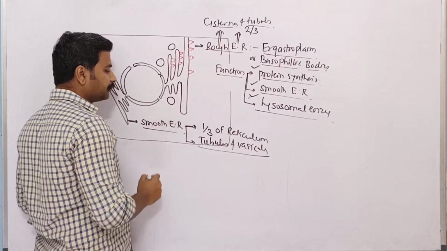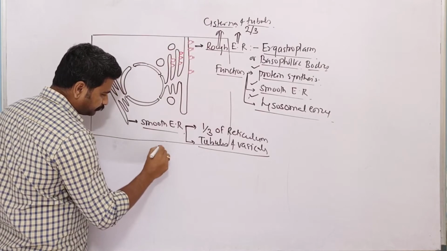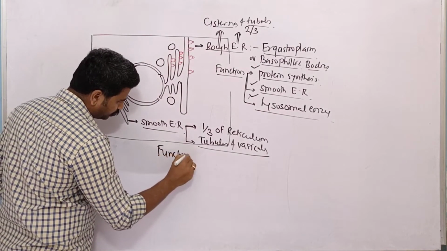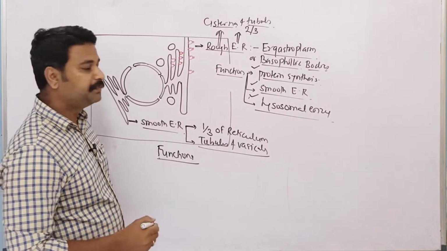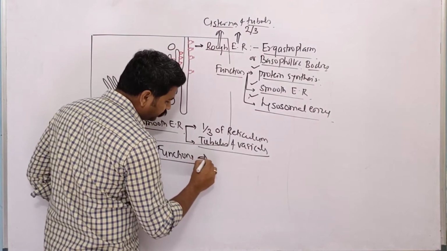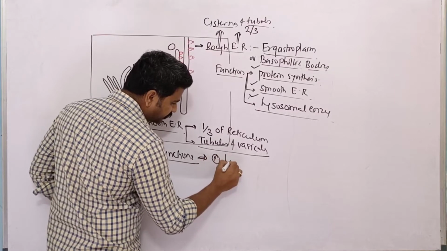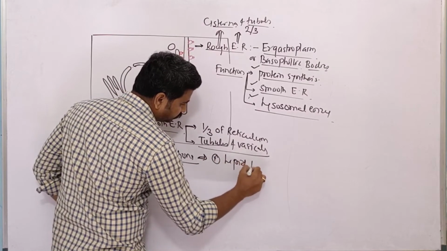Coming to the functions of smooth endoplasmic reticulum. The smooth endoplasmic reticulum mainly produces lipids. So the main function of smooth endoplasmic reticulum is lipid production.